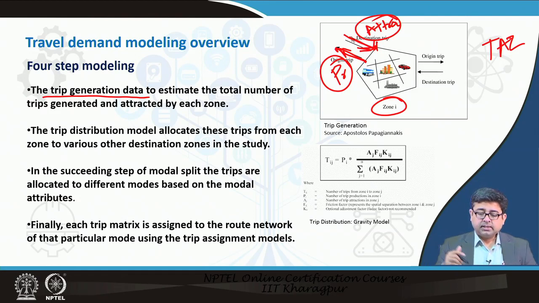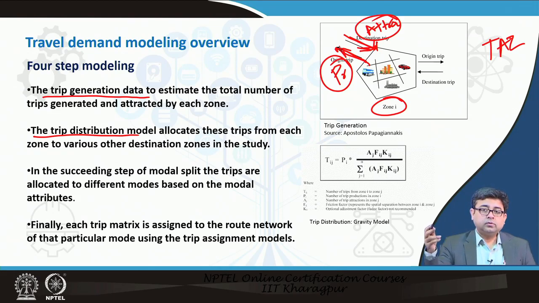Then once you know that, the second step, the trip distribution step, says that now that we know how many trips are being generated, we have to assign those trips to other zones, right. Now if the trip is being produced from this zone, it must be going to another zone.